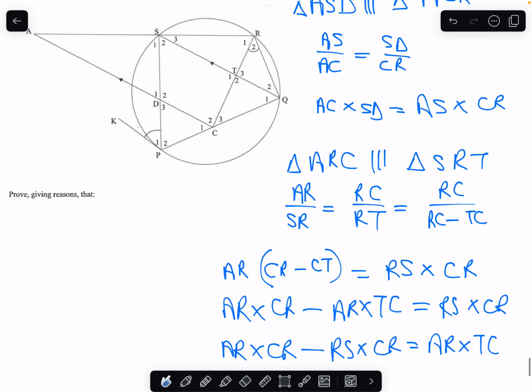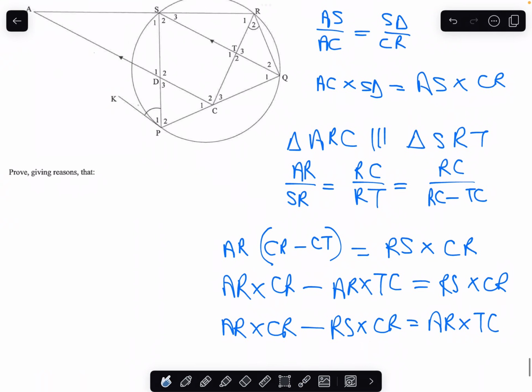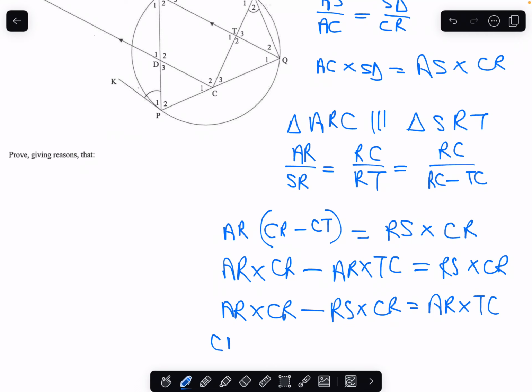And so technically then this should be equal somehow. AR, let me just see here. So this is CR times AR minus RS.